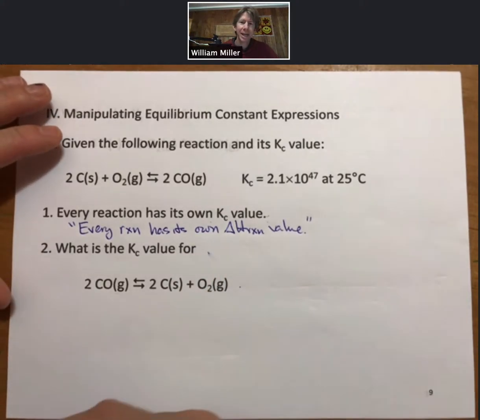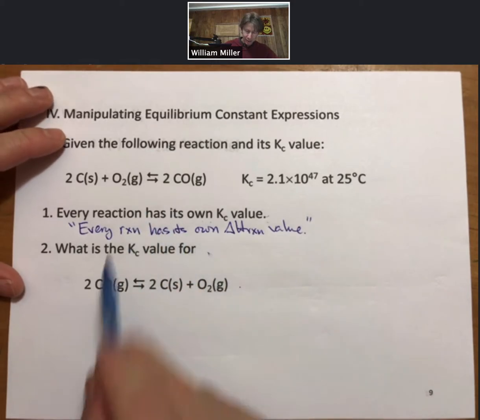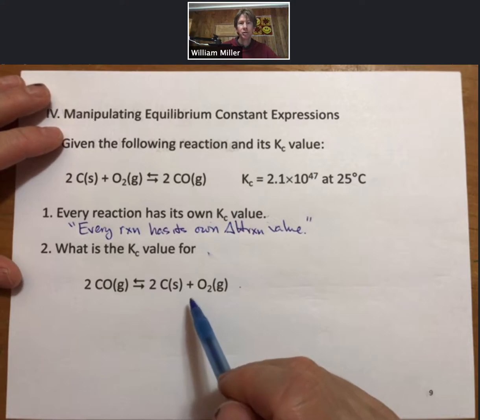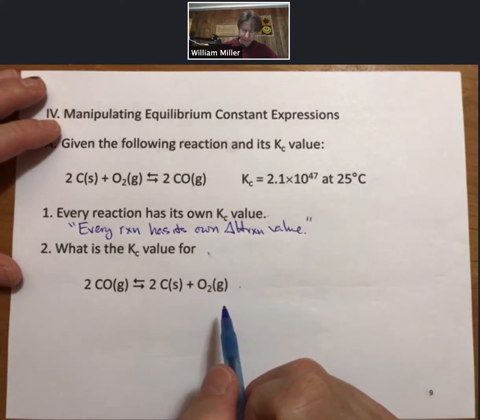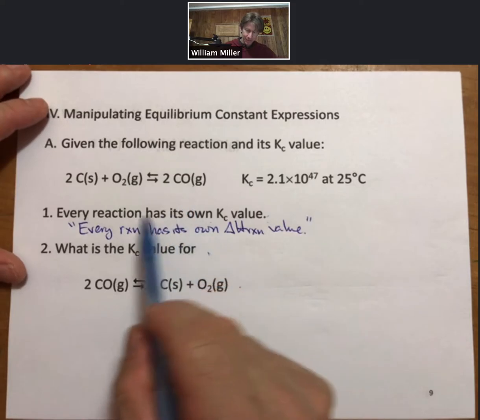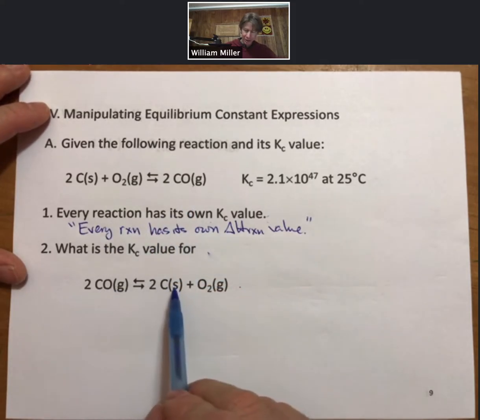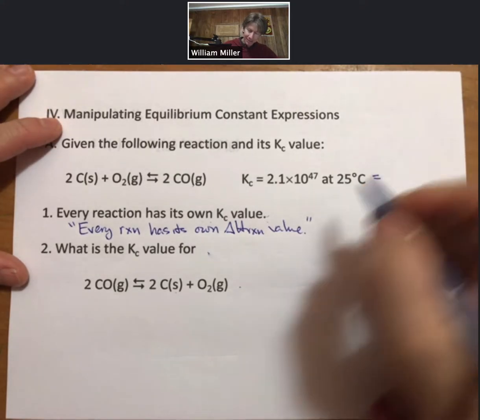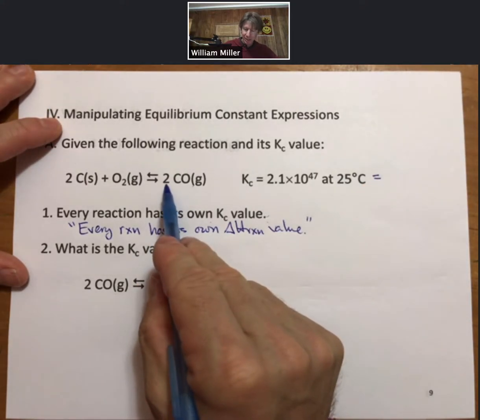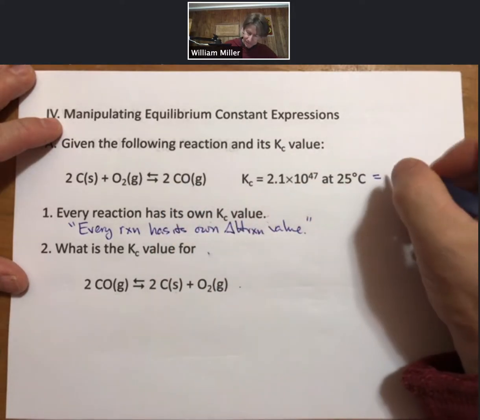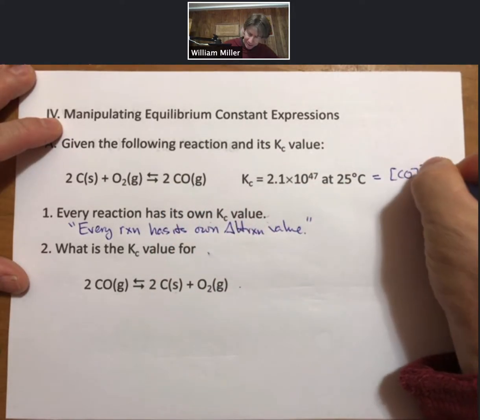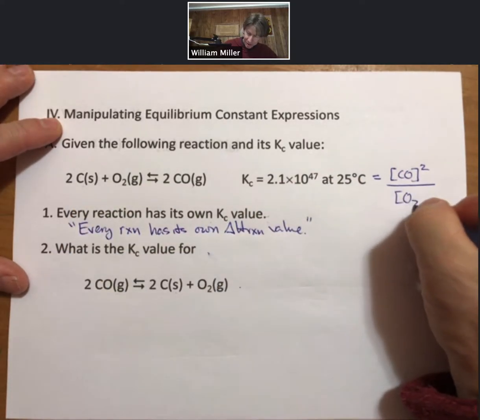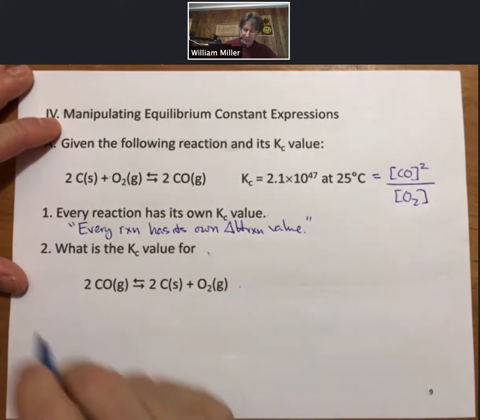If you remember, for delta H reaction, if you flip the reaction, reactants becoming products and vice versa, you change the sign of delta H. This is different. So when you flip the reaction, let's take a look at it. Kc is going to be the concentration of carbon monoxide squared over, well, we have a solid here, so just the concentration of O2 to the first power.